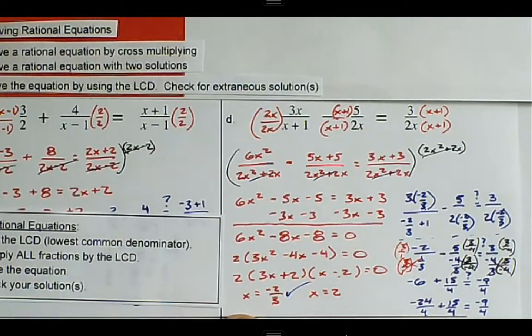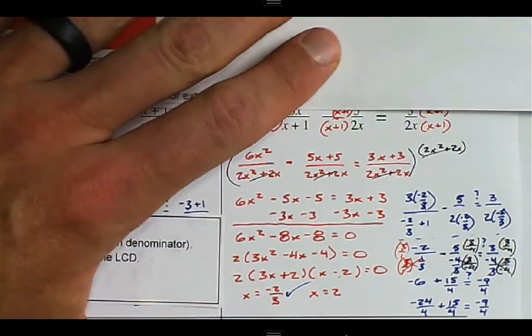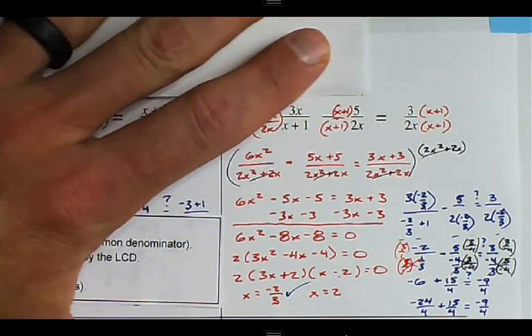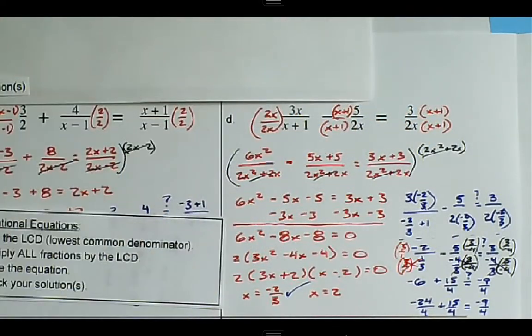And then we still have to check to see if the 2 will work. And so we can write that in the upper corner up here. We're going to do the same thing.